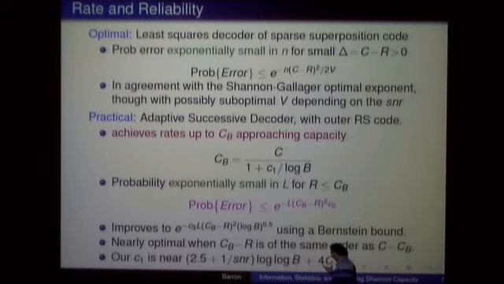This is a somewhat cartoonish representation of it, because what we can say is when SNR gets small, the closeness to capacity becomes more like 1 over square root log B. And then the closeness to capacity improves as SNR gets bigger. But if SNR gets too big, it begins to hurt.